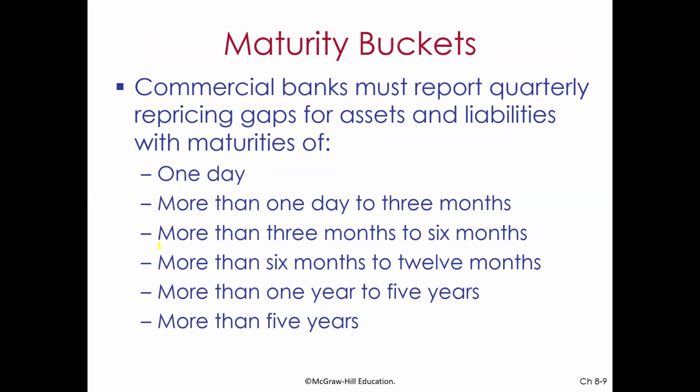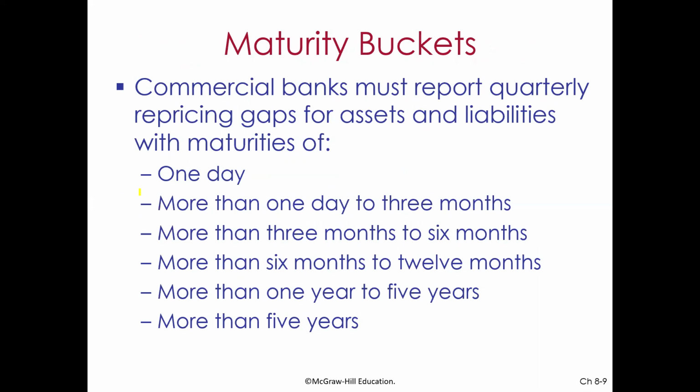Now, you might be wondering, as I said, that the financial institution manager divides asset and liability maturities into different buckets. How do we know how financial institutions are exposed to interest rate risk? Well, commercial banks are required to report quarterly the repricing gap in their asset and liability maturity buckets.